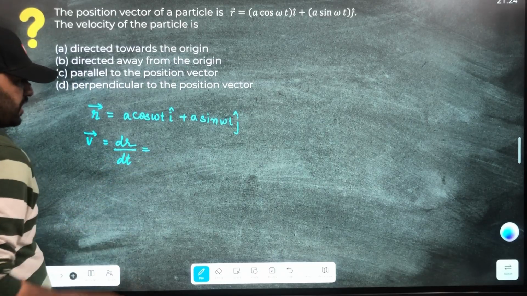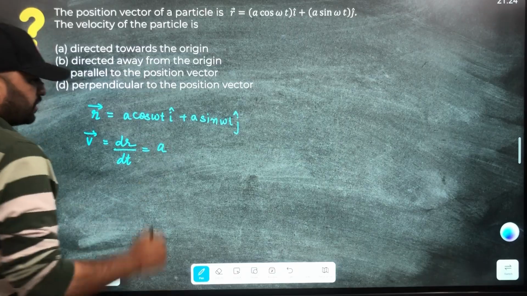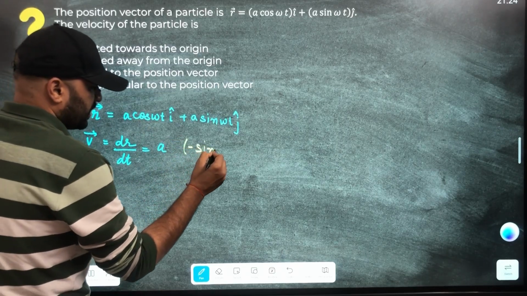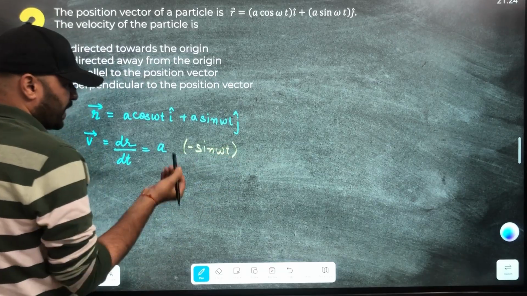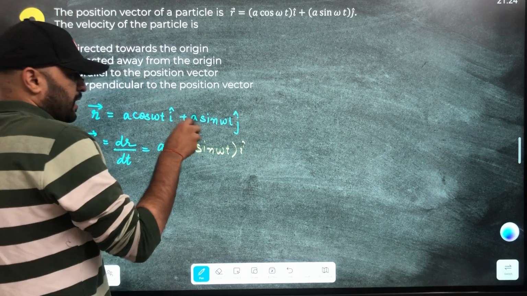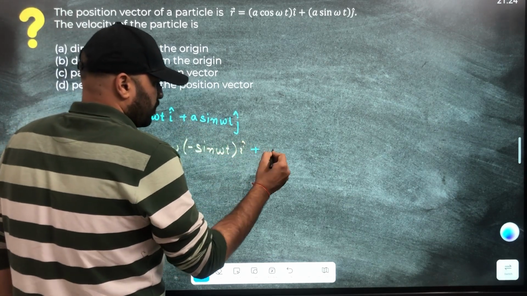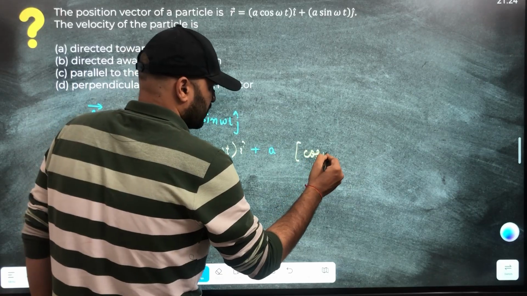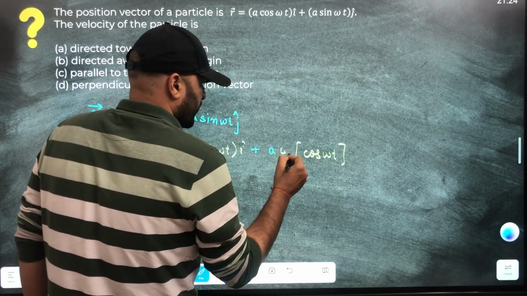Let's differentiate it. A is a constant, taken out. The derivative of cos is minus sin omega t, and by the chain rule the derivative of omega t is omega, so omega i cap. Here, A is outside. The derivative of sin is cos omega t, and the derivative of omega t is omega, j cap.